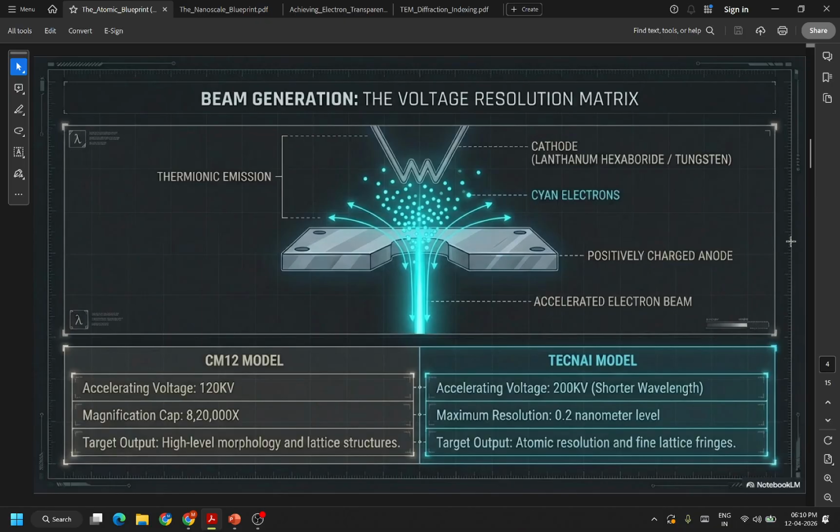Also, the primary purpose of the 120 kilovolt TEM would be to see high level morphology and lattice structures, whereas for the 200 kilovolt we will go to see atomic resolution and fine lattice fringes.